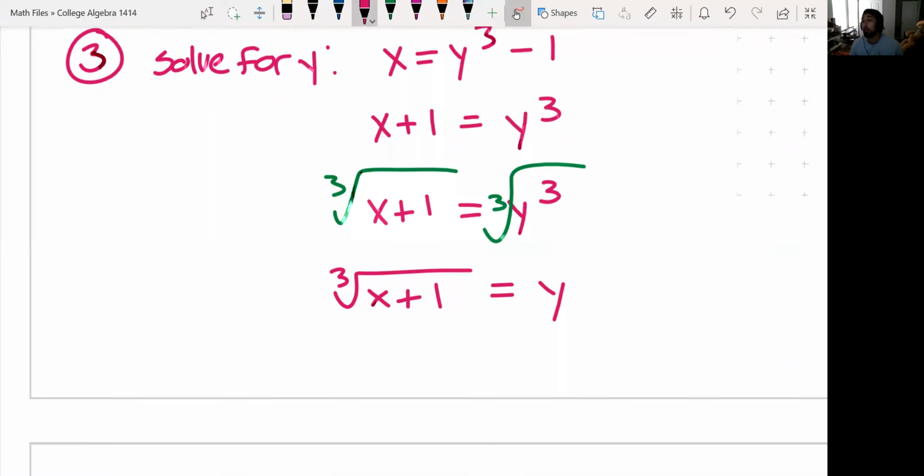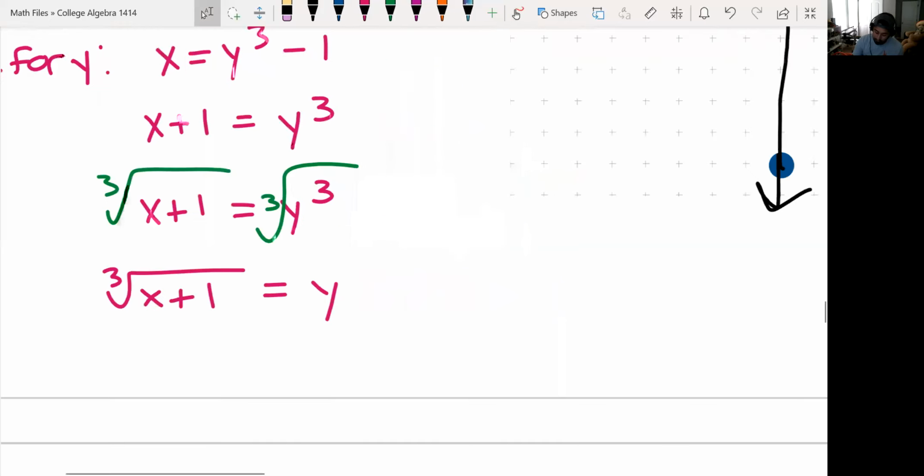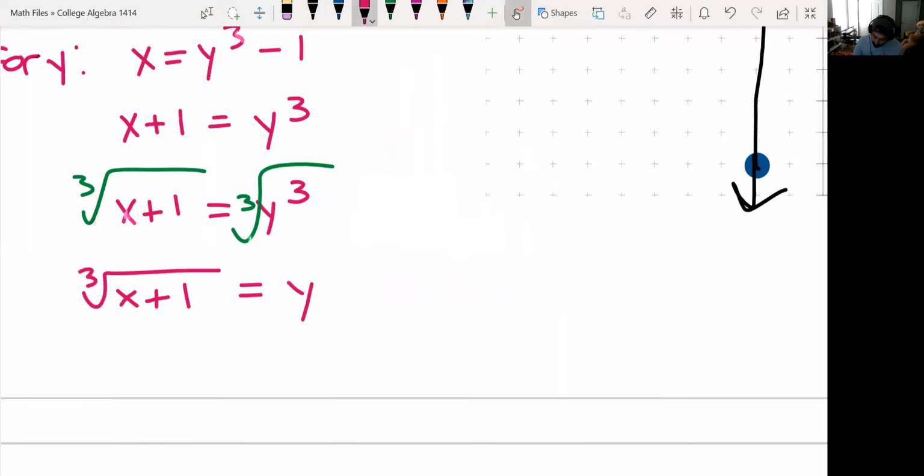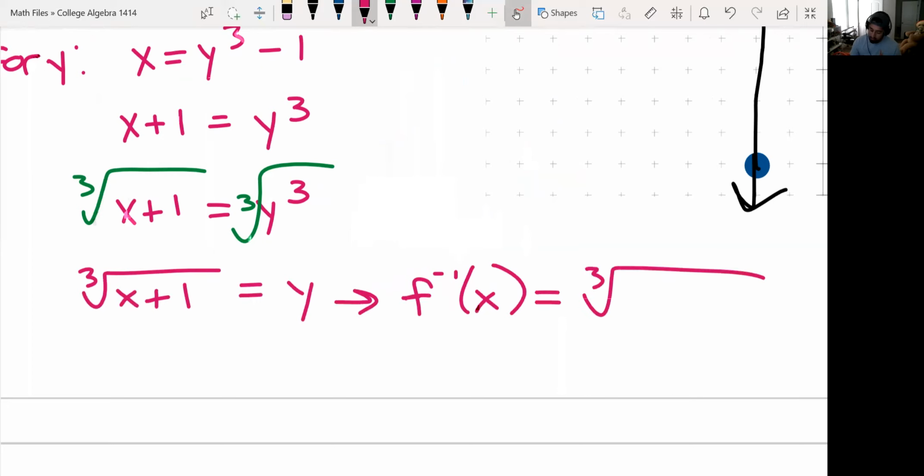And the way we will finish step 3 is you will write it as the inverse. So we are going to say f inverse of x is equal to the cube root of x plus 1.